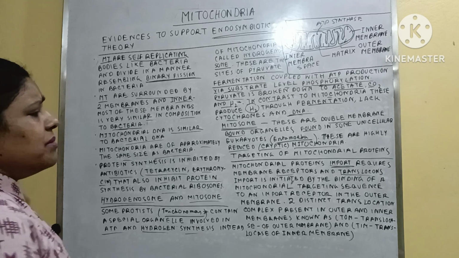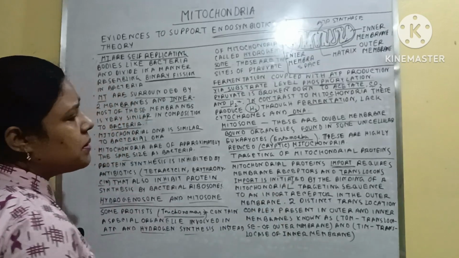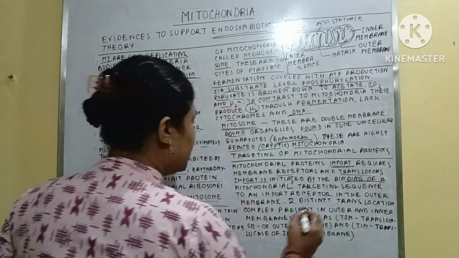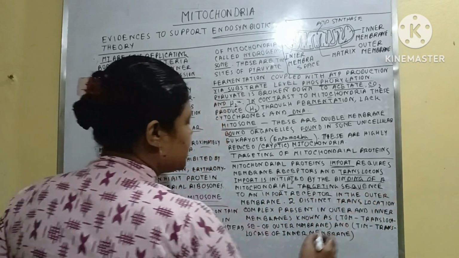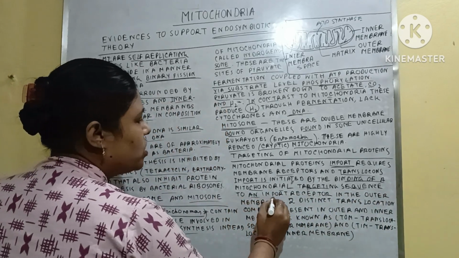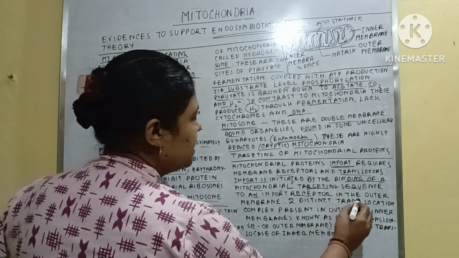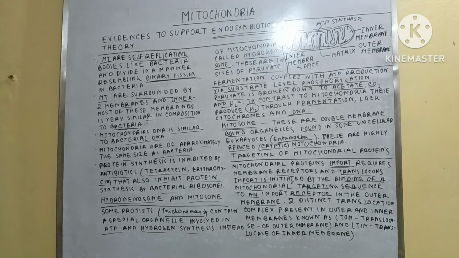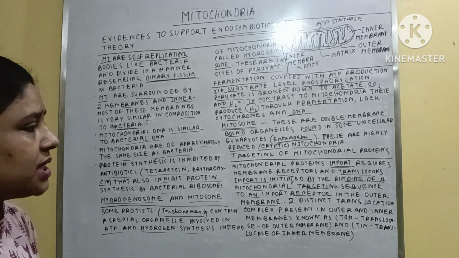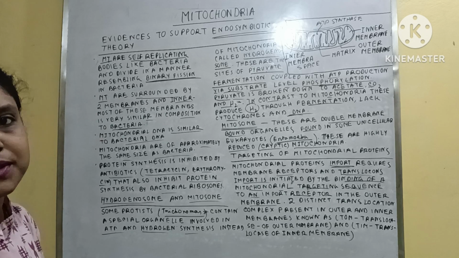This import is initiated by the binding of a mitochondrial targeting sequence to an import receptor in the outer membrane. The targeting sequence and receptor bind to each other, and then transport is possible.